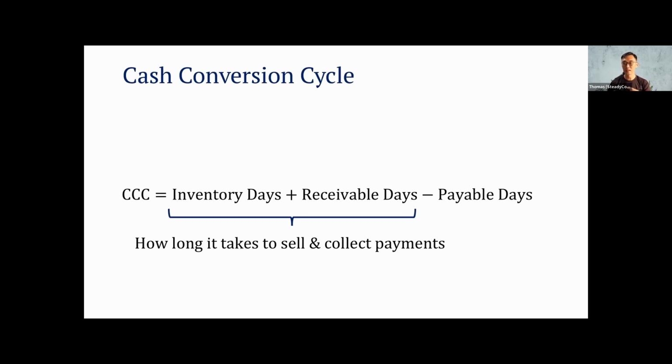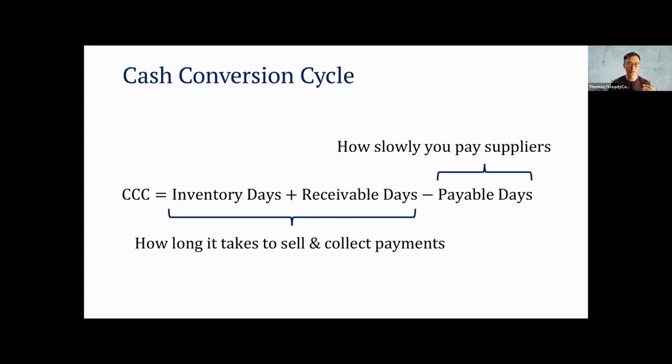And then you minus your payable days, right? Payable days, you want it to be as long as possible, which is why it is a minus, right? And this is how slowly you pay your suppliers, okay? It'll become clearer when I show you real life examples. And you're going to be shocked by one of the companies, like how slowly they pay suppliers.